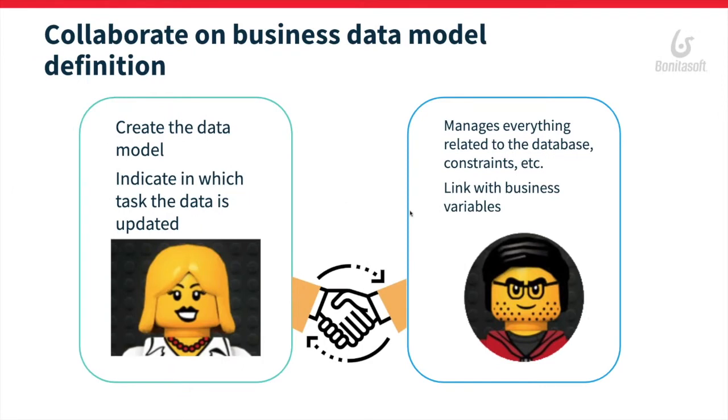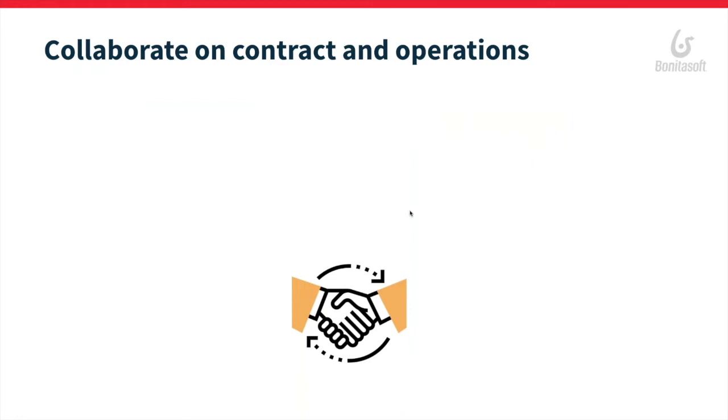When we have defined the business data model, we are going to work on the contract. The contract is going to link the data with the form. So the contract is going to define the rules for the data availability and update.